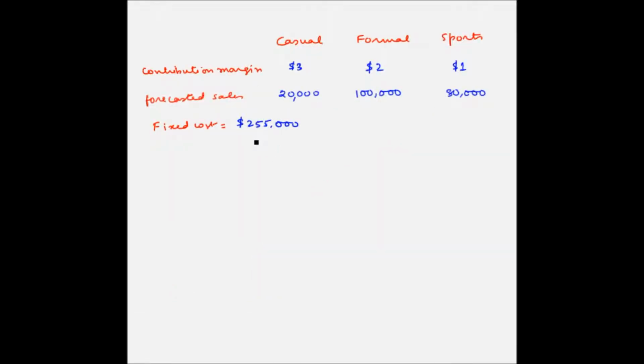The contribution margin for casual shoes is $3, for formal shoes is $2, and for sport shoes is $1.